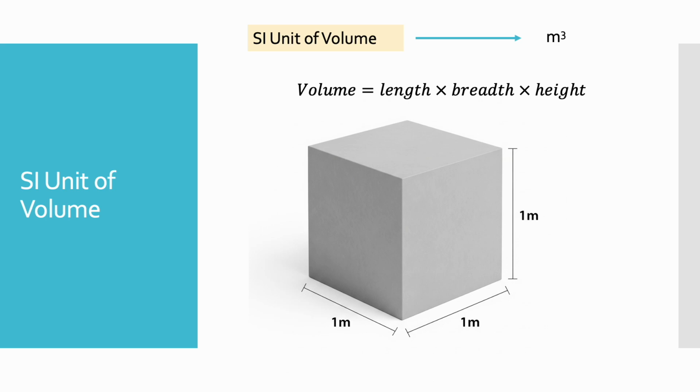So the volume is length multiplied by breadth multiplied by height, which is 1 meter multiplied by 1 meter multiplied by 1 meter, equal to 1 meter cube or 1 cubic meter. This is called a unit volume. It's the standard reference for measuring the volume of any object in the SI system.